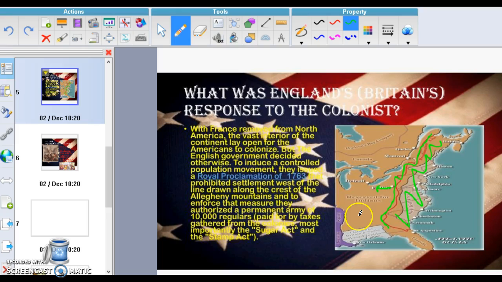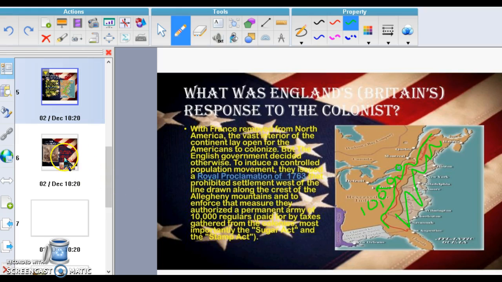So they set up 10,000 soldiers within and without these borders to keep the colonists in. And this was paid for by the Stamp Act and by the Sugar Act. And this is very important because this caused tension between the colonists and Great Britain.